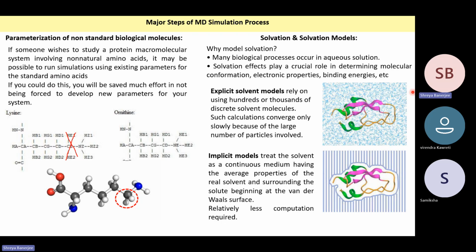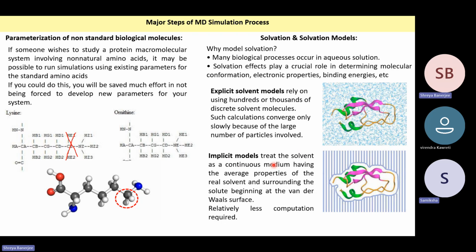Generally in 99% of cases only implicit models are used, and the explicit model is used only when you want a really detailed structure, because the computational time is too high. Implicit models require, I think, 1 day or a minimum of maybe 10 hours.